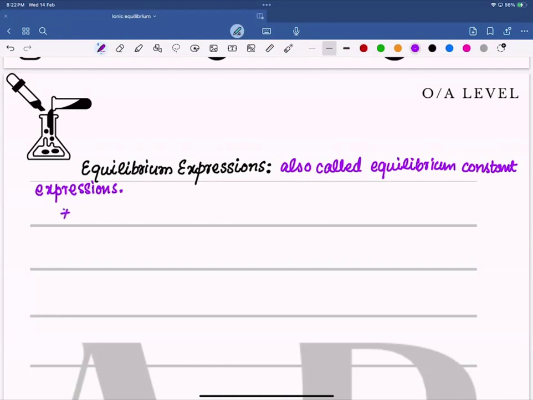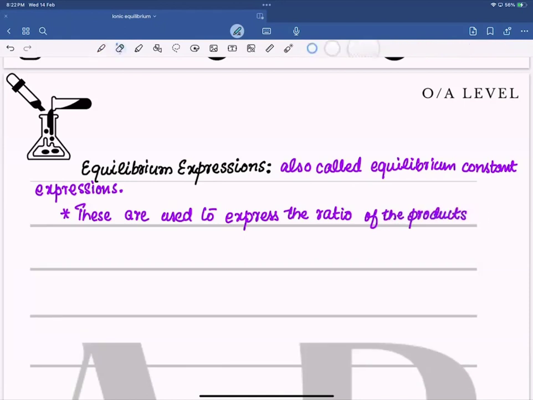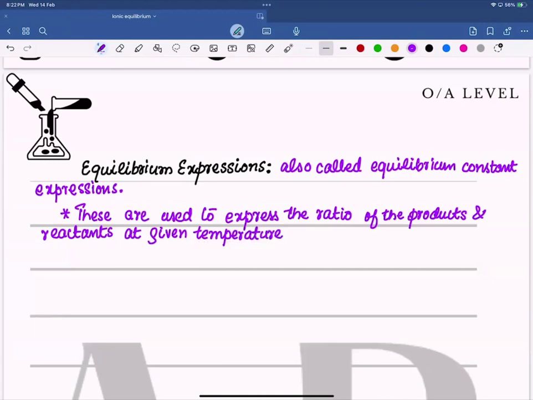First, what are these basically? These are used to express the ratio of the products and reactants at a given temperature at equilibrium.